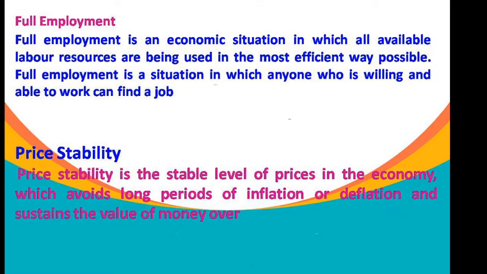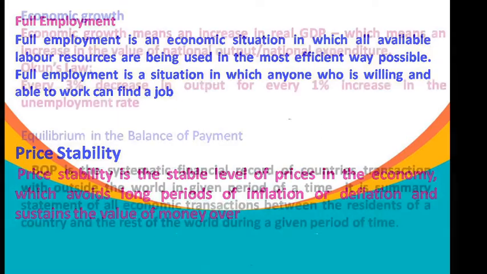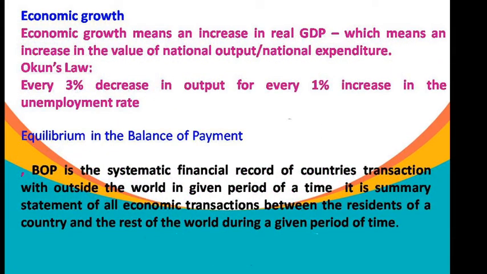The third objective of macroeconomic policy is economic growth. Economic growth means an increase in real GNP, an increase in the value of national output and national expenditure. Economic growth is an important macroeconomic objective because it enables increasing living standards, improved tax revenues, and helps to create new jobs.